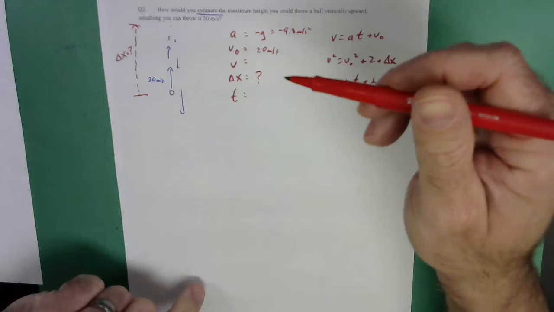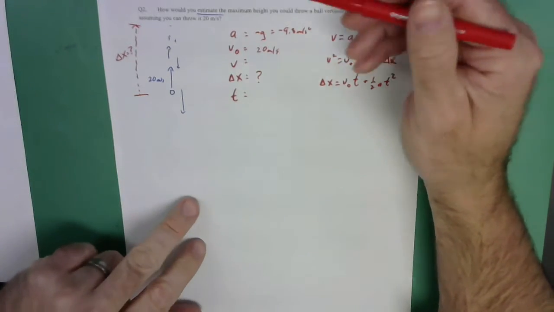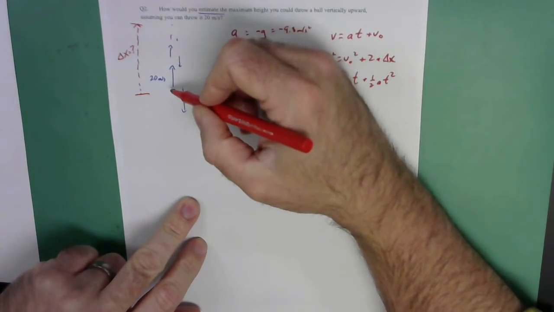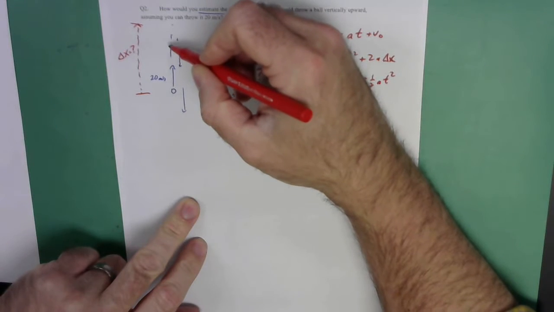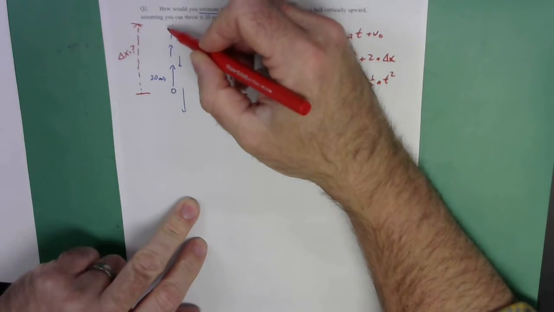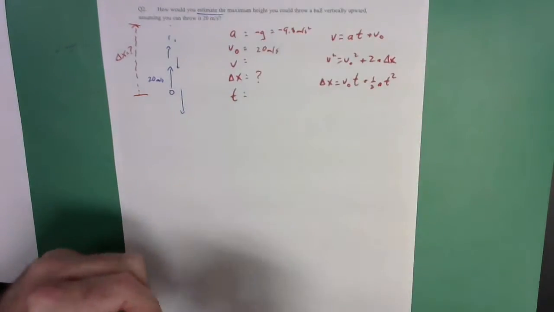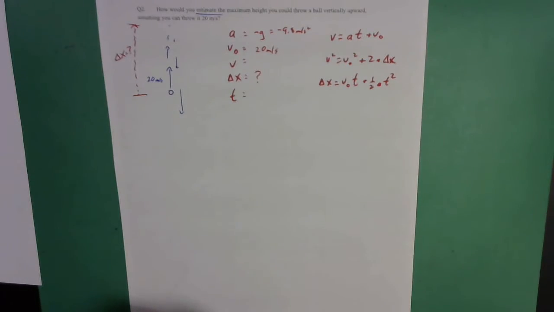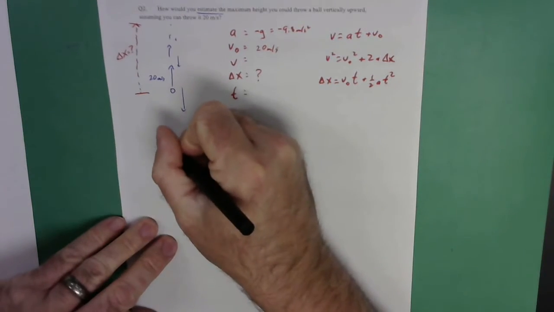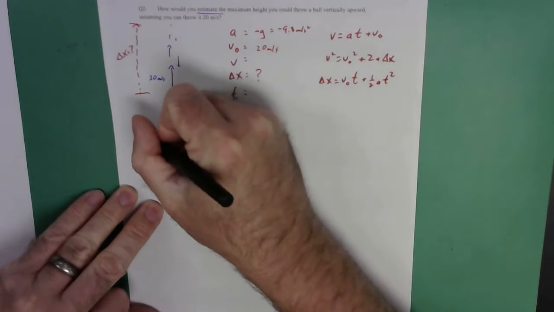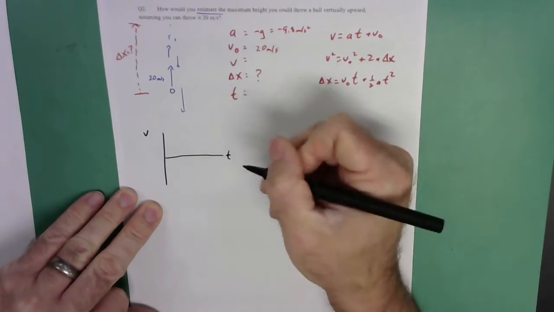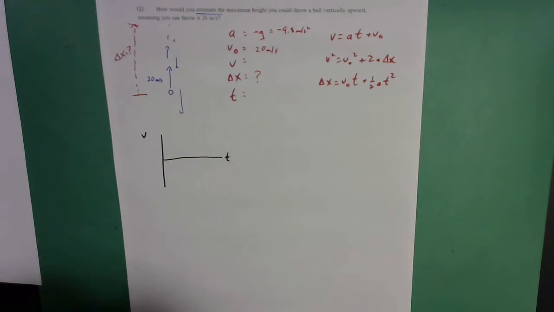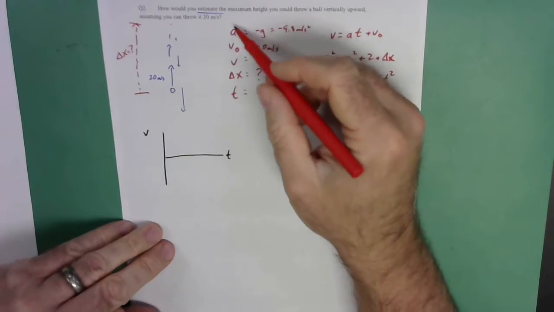Well, there's another value that we know. It comes from recognizing that when you throw something upward and it gets to the peak, and then it's going to come back down, there's something special about the peak. If I had a graph, because I have a hard time explaining things without graphs, with velocity on this axis and time on this one, we have a constant acceleration.